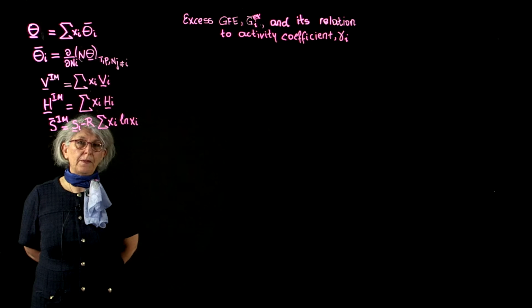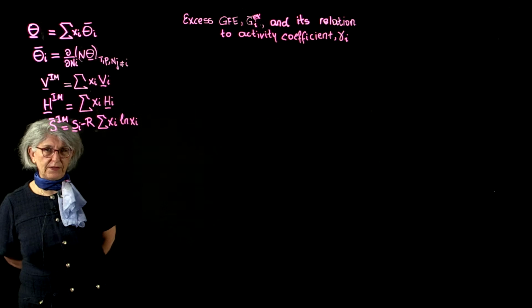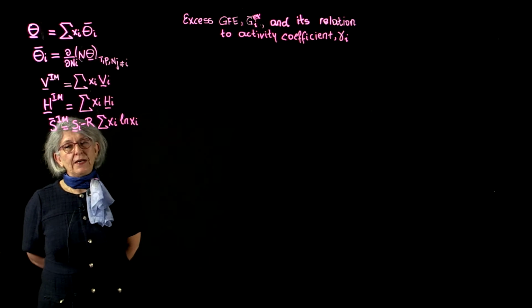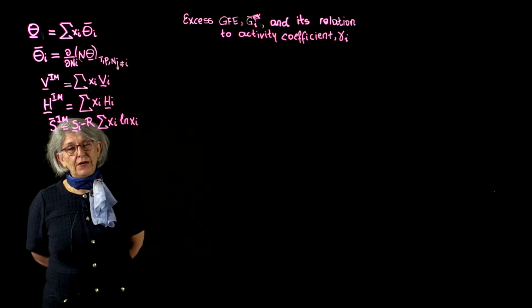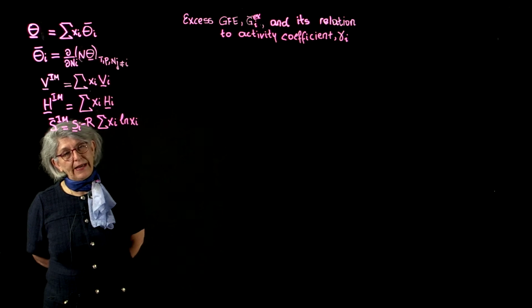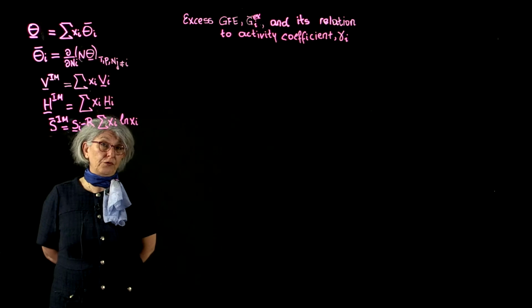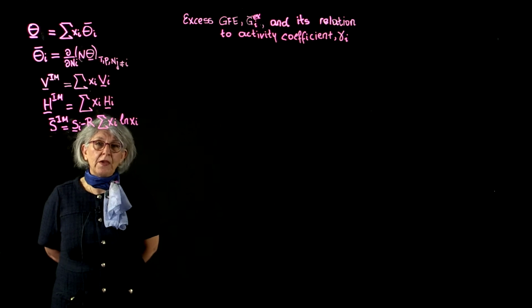Before we can arrive at Gibbs free energy and excess Gibbs free energy, we have to remember the partial molar properties. Partial molar properties are the contributions of the properties in a mixture, in opposition to their pure fluid behavior.